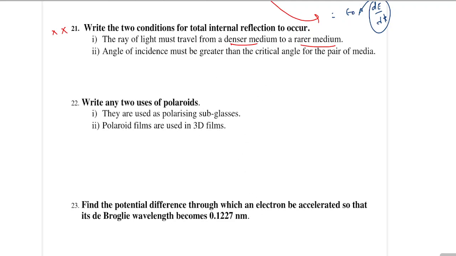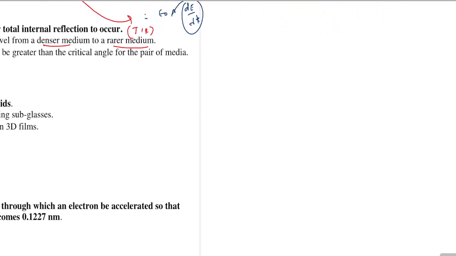So these two are the conditions for total internal reflection. Here also learn what total internal reflection is, or the term that could be asked is to define critical angle. These two are important terms.